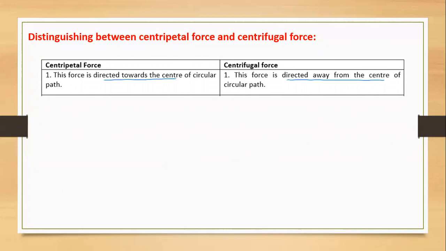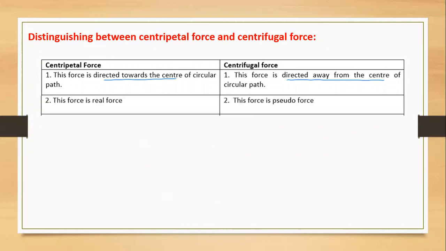This is the main distinction. Second distinguishing point is centripetal is a real force and centrifugal is a pseudo force, because centrifugal force arises because of the acceleration of the frame of reference. So it is a pseudo force.